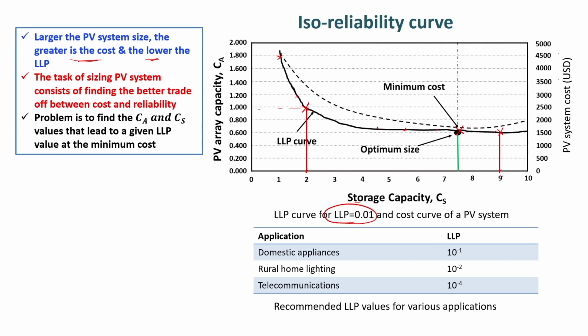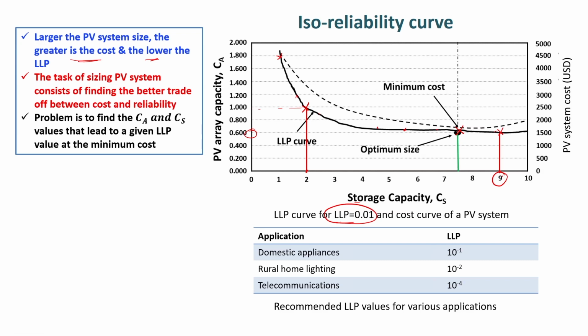And at this condition, storage is 9 and here PV array is 0.6. We have small PV array here and big battery here, okay? That also increases the cost.